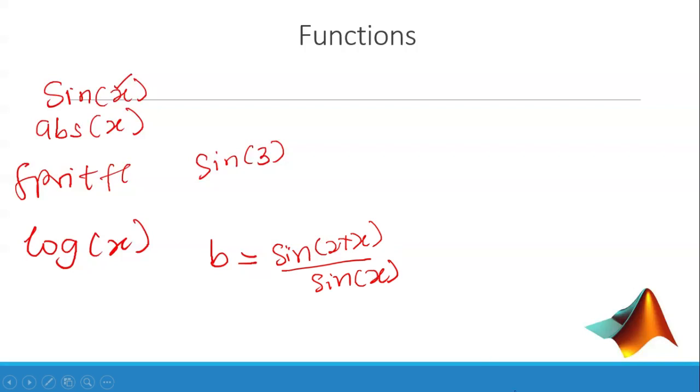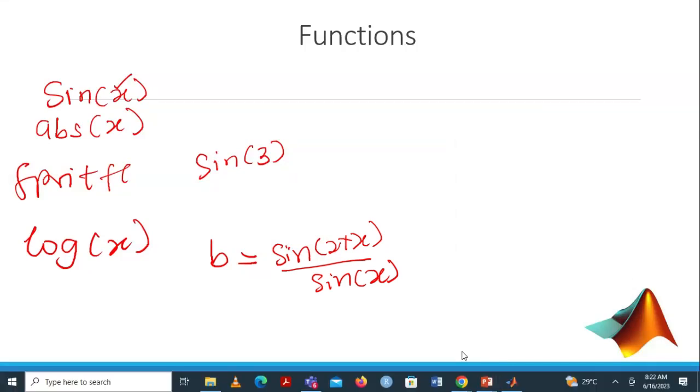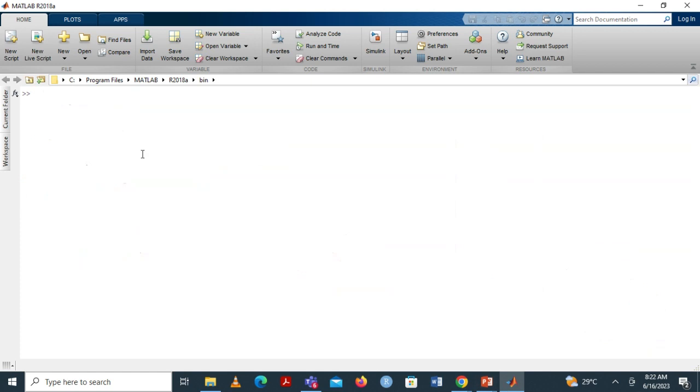So now let's open MATLAB and see if we can type these functions in MATLAB. Okay, so our first function is sine. So let's say sine 2. MATLAB has been able to return an answer.